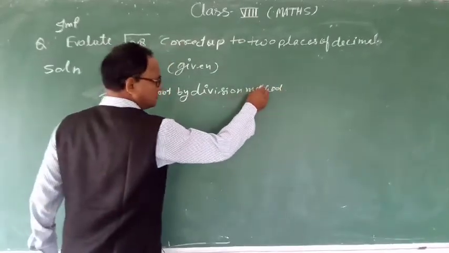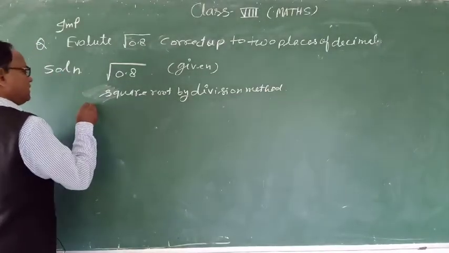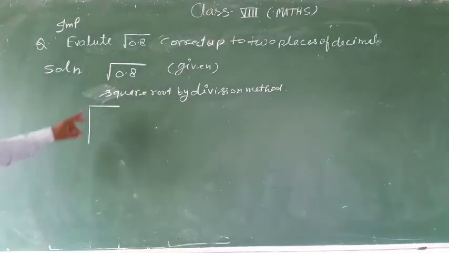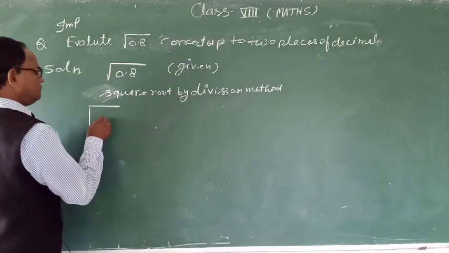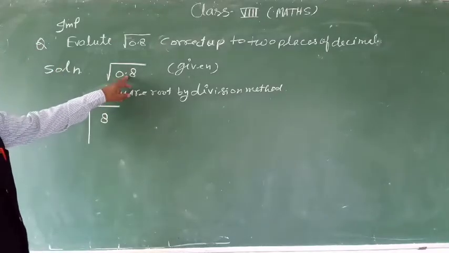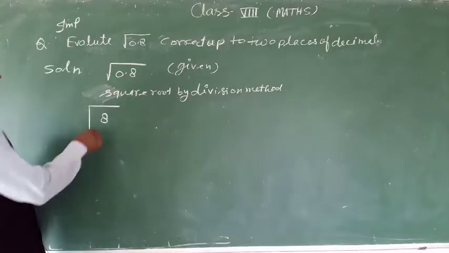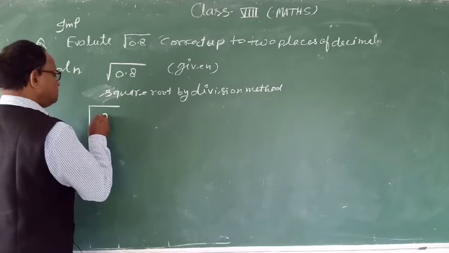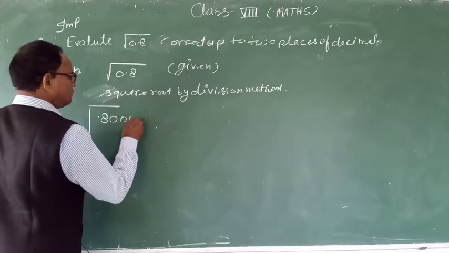Okay students, here make a frame to determine the square root. Here write 8 point, and after the point write 0 in pairs.